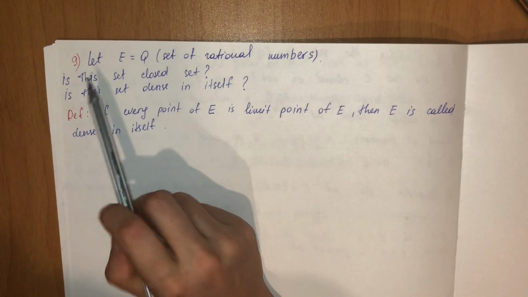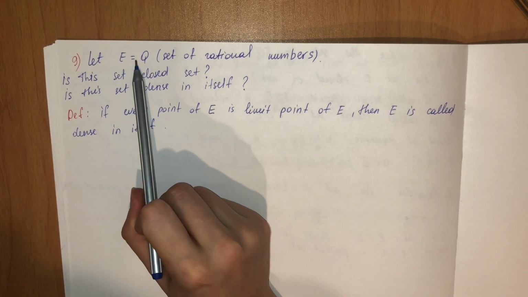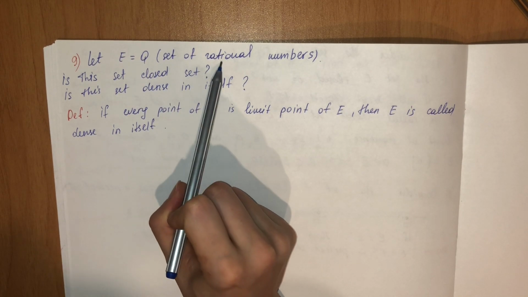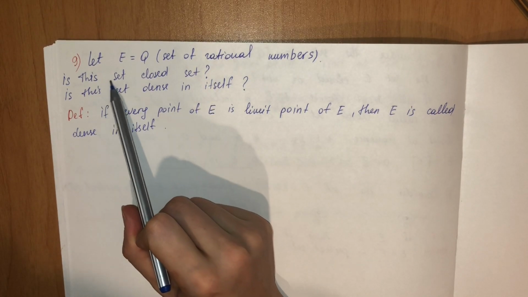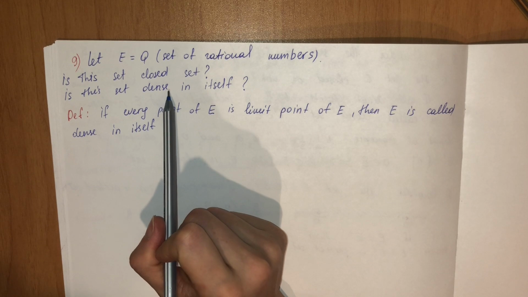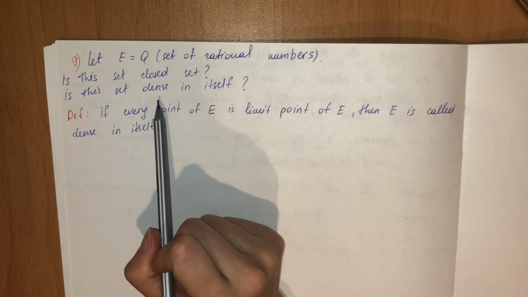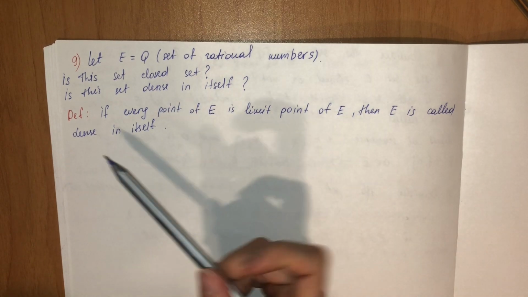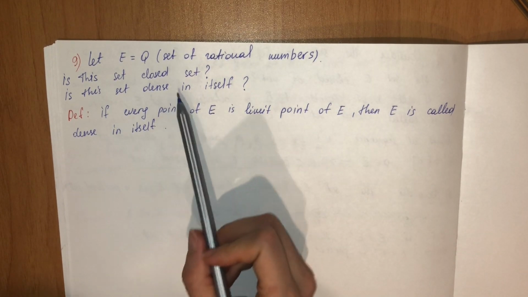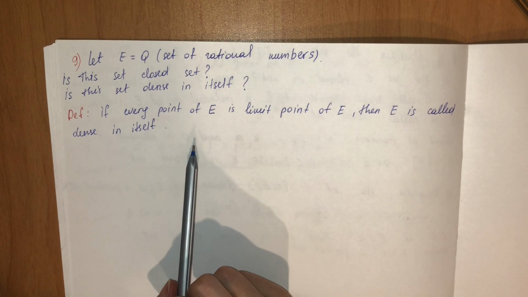Next one, let E be Q, the set of rational numbers. Is this set closed, or is this set dense in itself? Let's recall the definition of a dense in itself set.